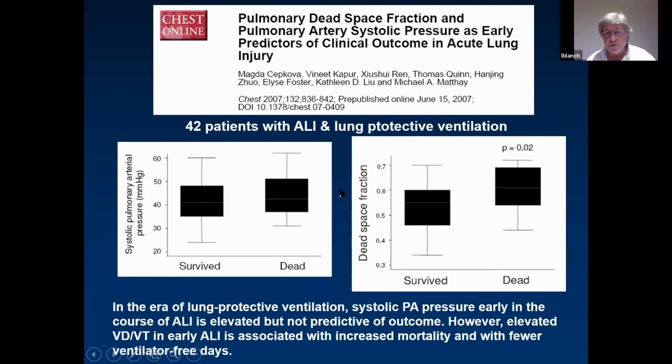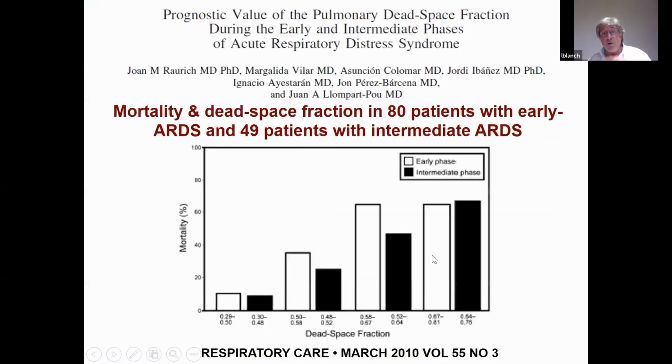However, in the area of lung protective ventilation, systolic pulmonary arterial pressure is no longer a marker; it is a marker of the dead space fraction, again in this series of that paper. And keep going on that.